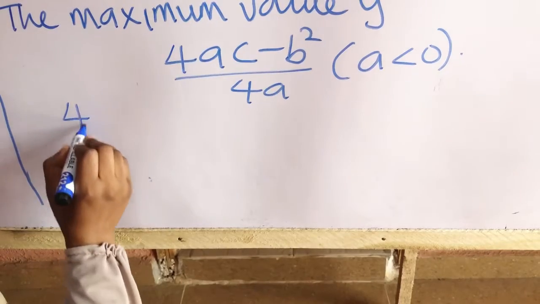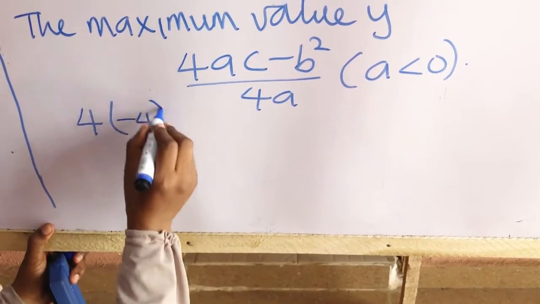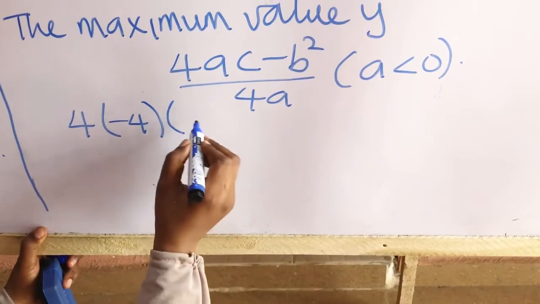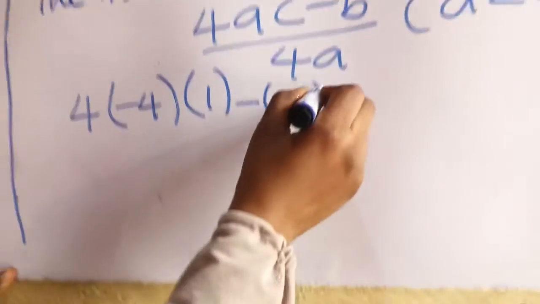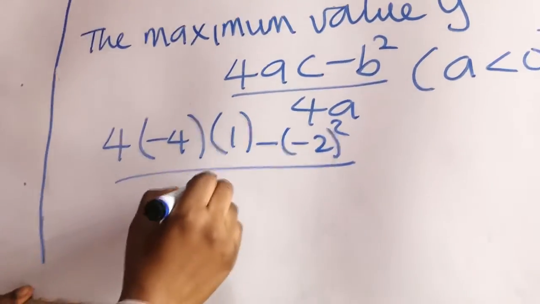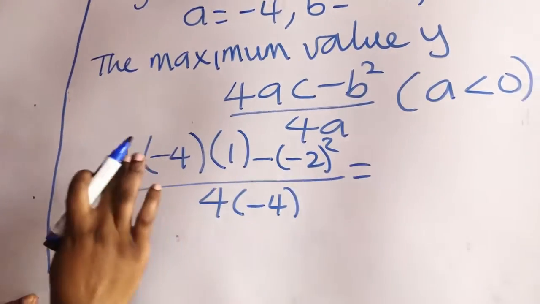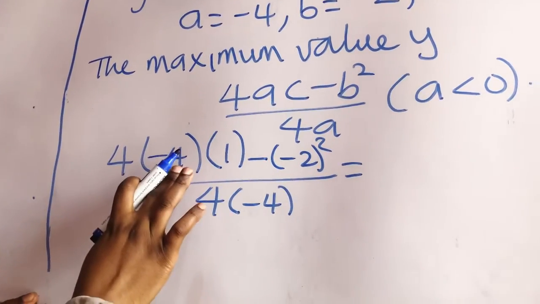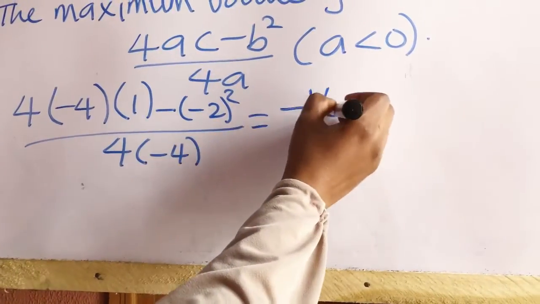So 4 multiplied by minus 4 multiplied by c, 1, minus b squared, minus 2 squared, over 4 multiplied by minus 4. 4 multiplied by minus 4 is minus 16, multiplied by 1 is minus 16.